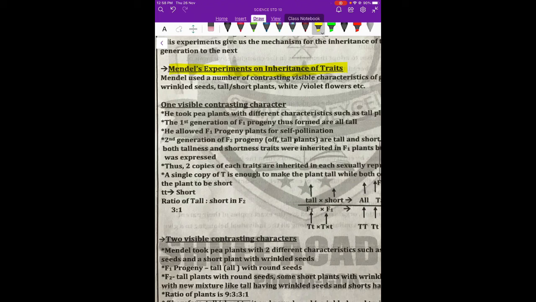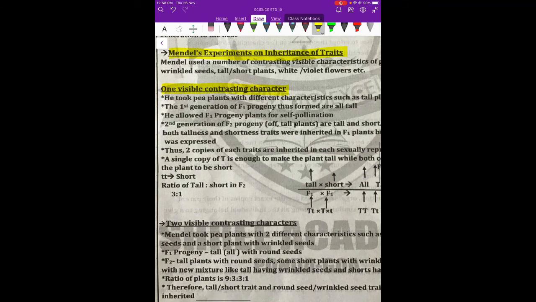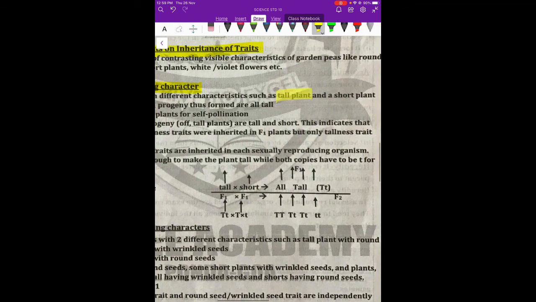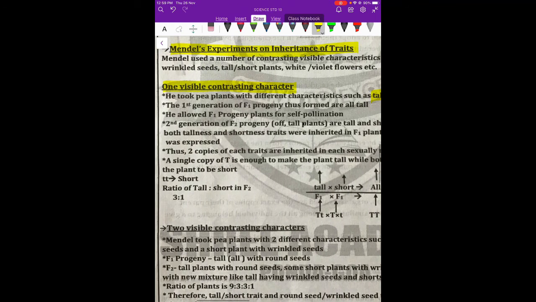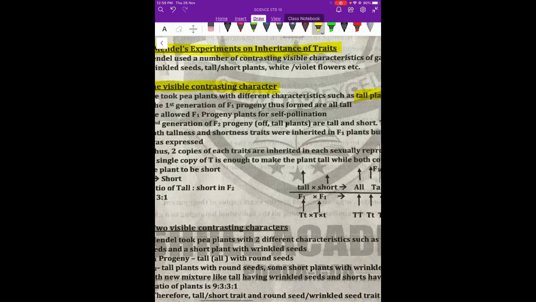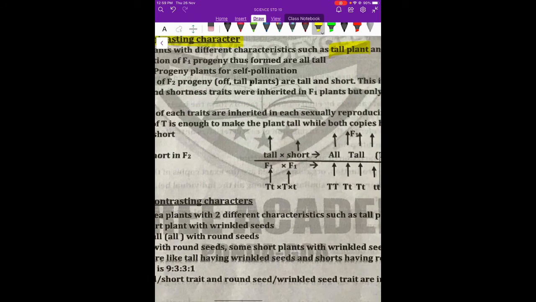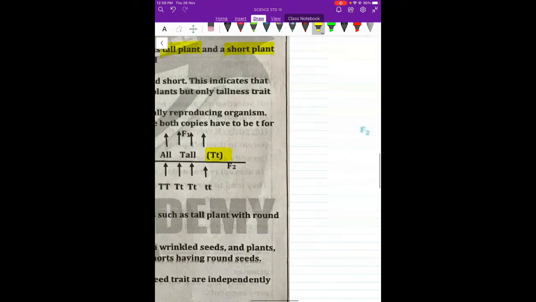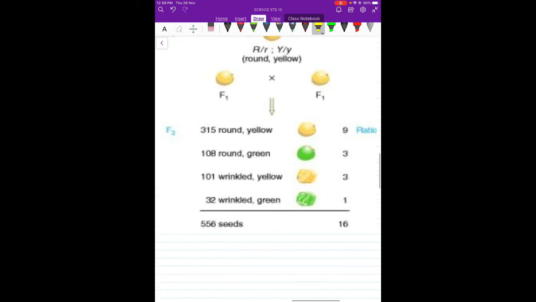First he took one visible characteristic, meaning he took a tall plant and a short plant. The tall plant is given by big T, the dominant, and the short plant is given by small t. So what happens in the first one? In the first you get all Tt, just the combinations.